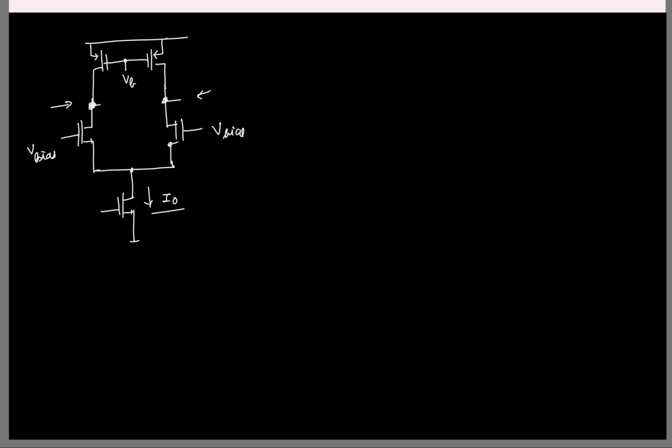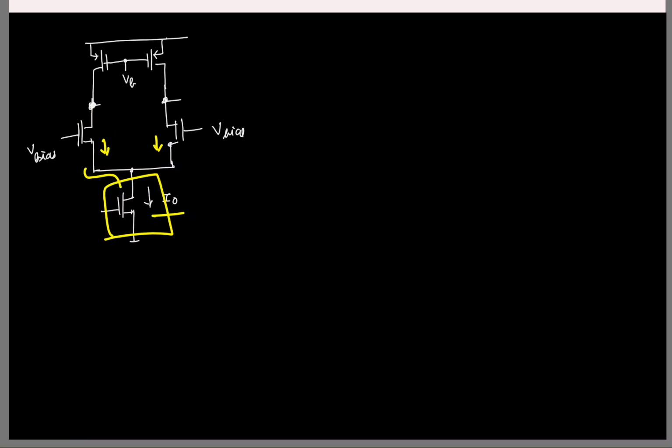Okay. And now if you think about it, the problem is we are not able to say what this voltage is because this is biased at a current I0. So what is the current flowing in these two? Ideally, half the current. And if you look closely, this transistor is acting like a current buffer for this guy.